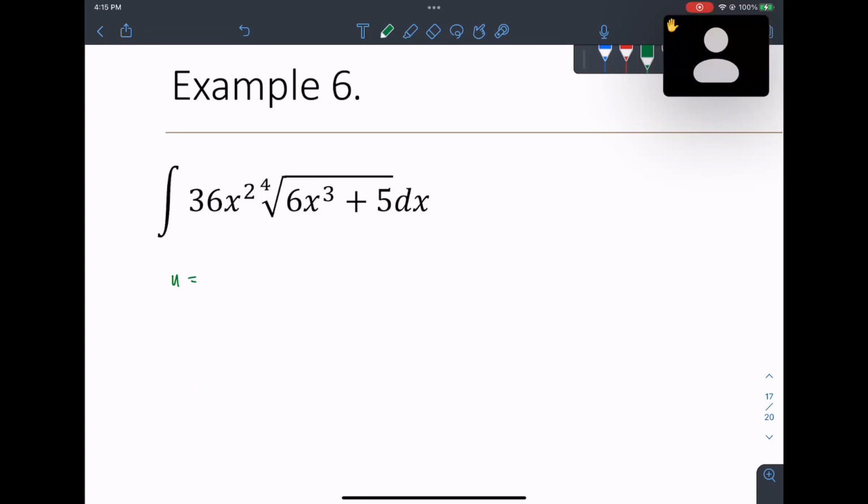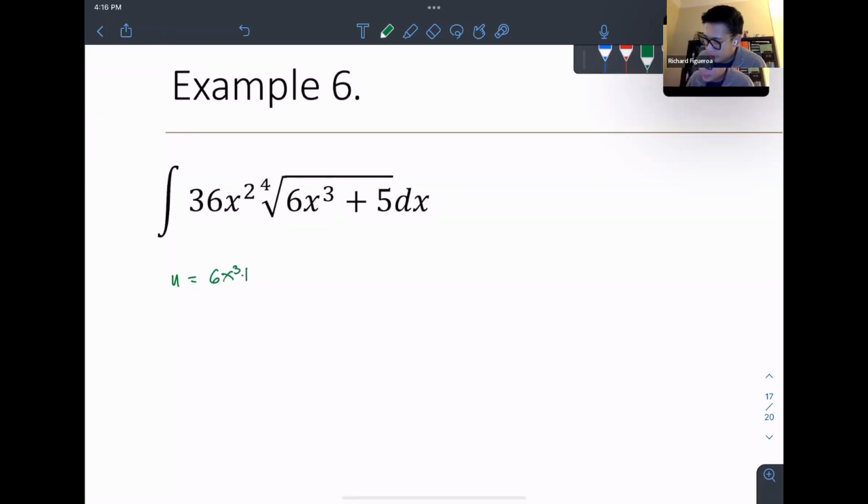Sir, u is 6x cubed plus 5. Okay, very good. So u is 6x cubed plus 5.